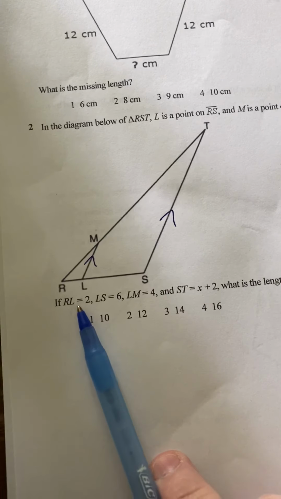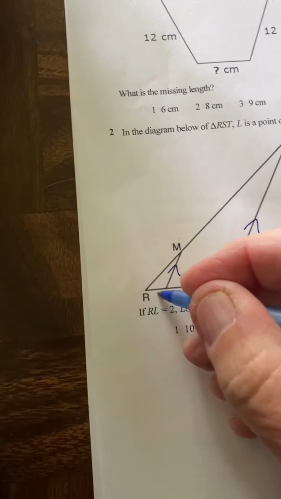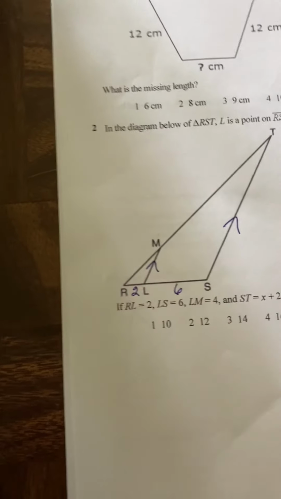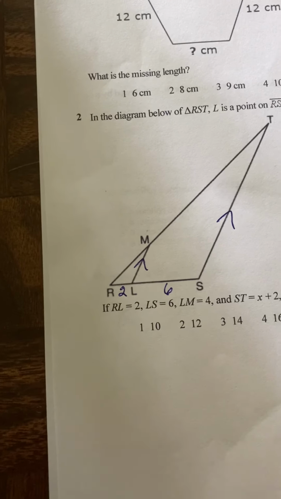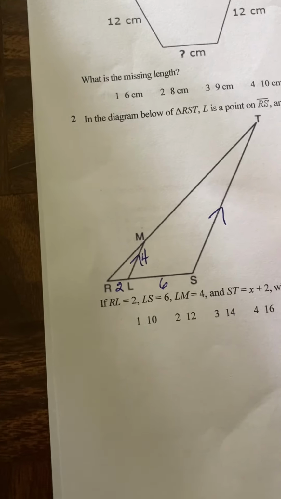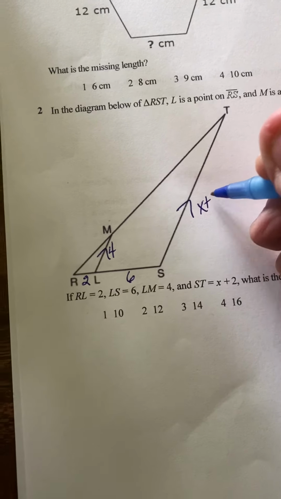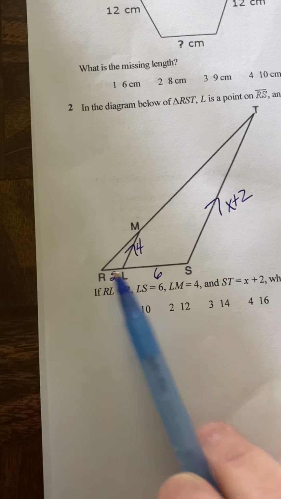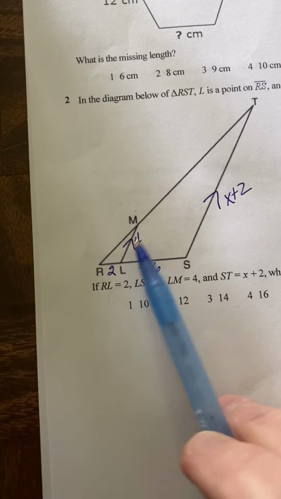If I mark the diagram, RL is 2 and LS is 6. Okay, we've got LM is 4 and ST is X plus 2. So we got little to big, little to big.